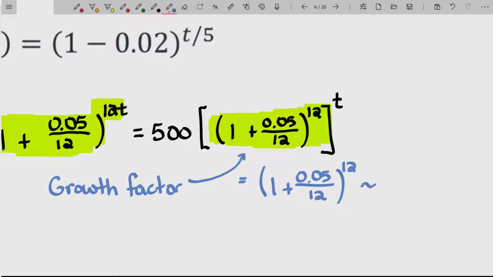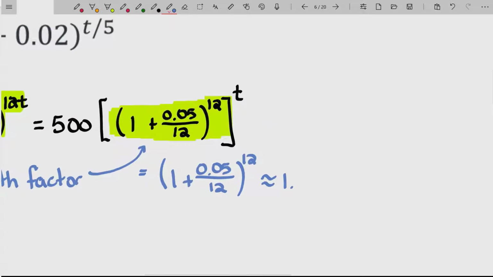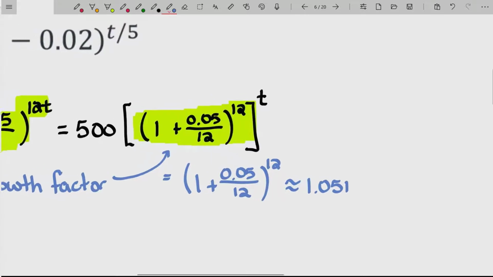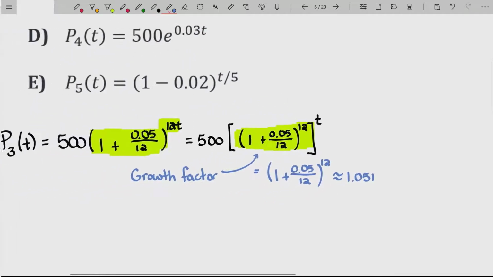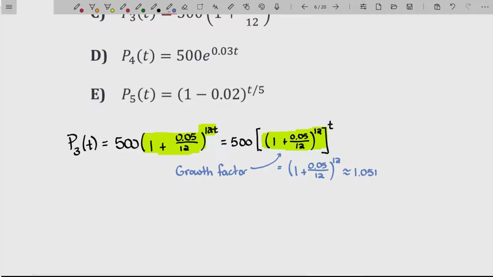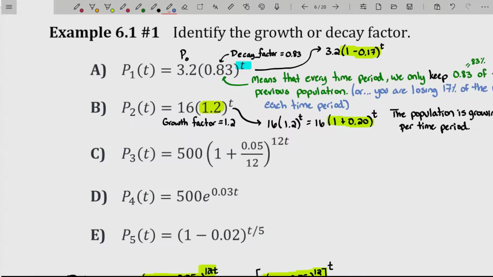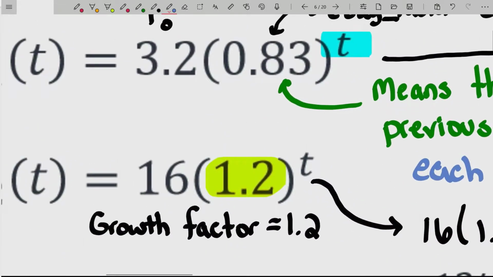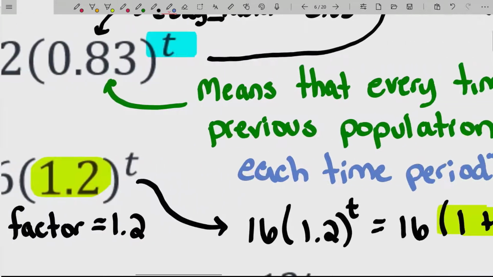This is roughly 1 point, and I'm going to always try to round to 3 decimal places here. So 1.051. That's the growth factor here, 1.051. Again, if you think about that logically in terms of what we are writing up here, like in this example here, we said the growth factor is 1.2, and then we said, guess what that means?